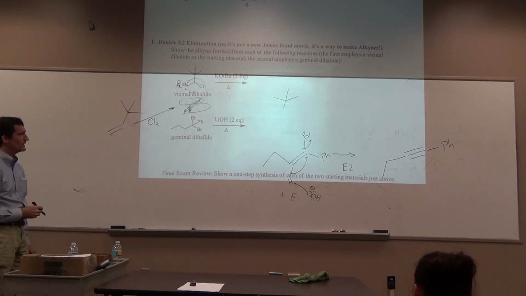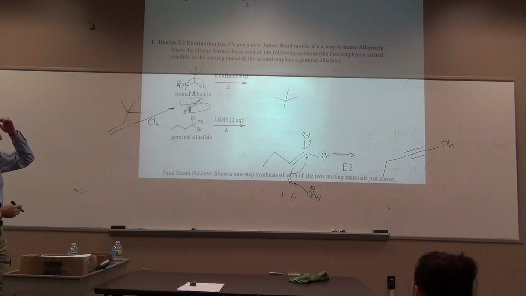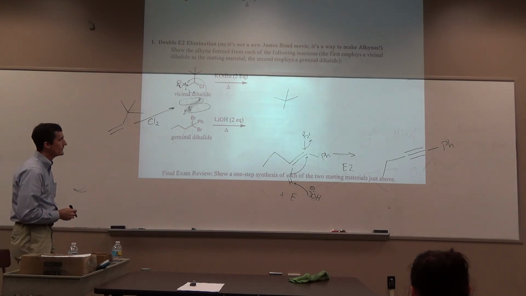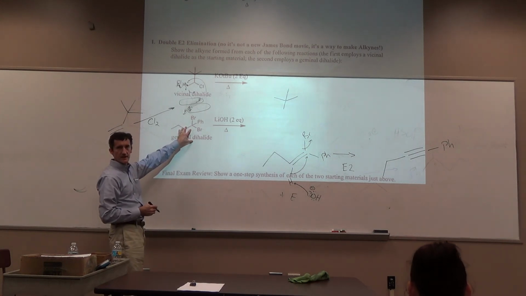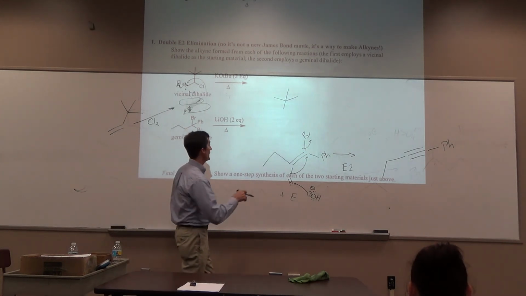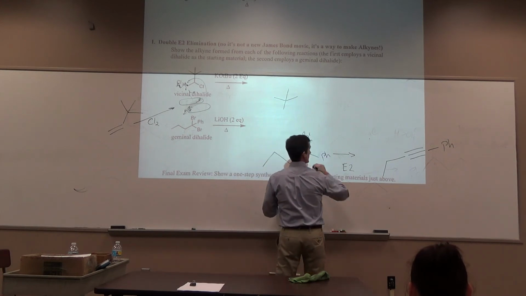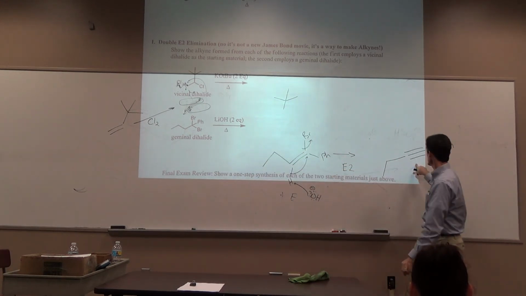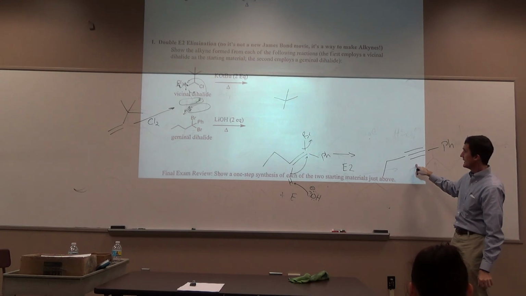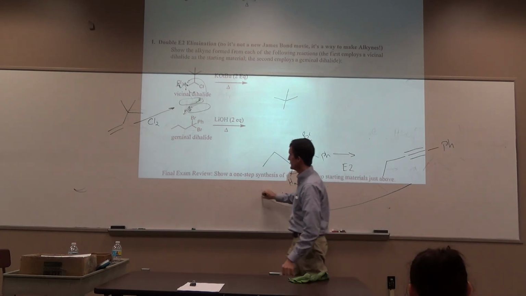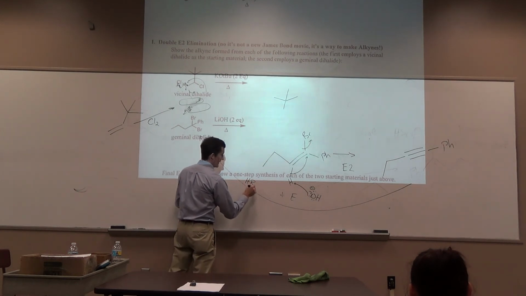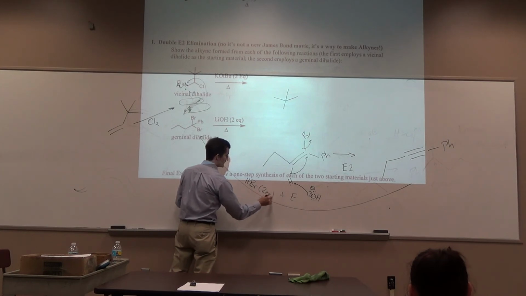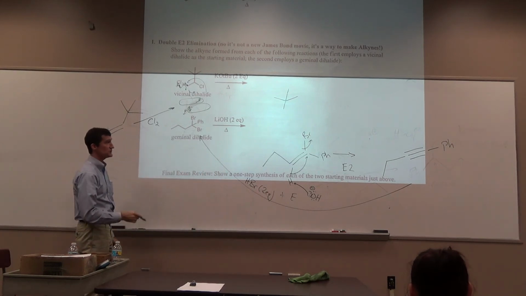So this is the only way to make this that I know that we have done, to actually start with the triple bond. This, and react it with what to get that? HBr, how many equivalents? 2 equivalents.